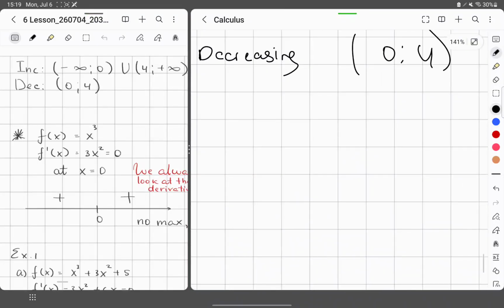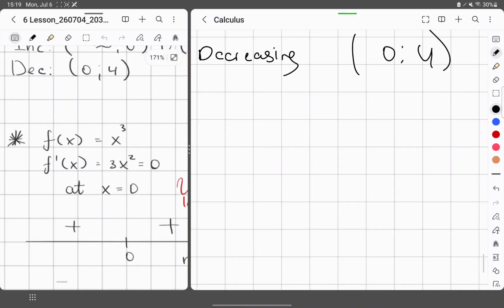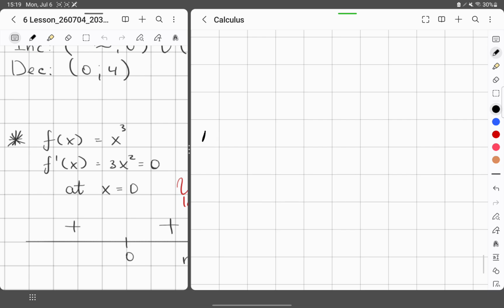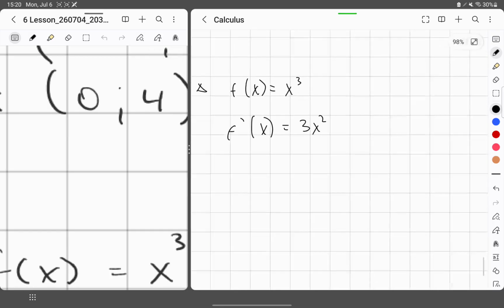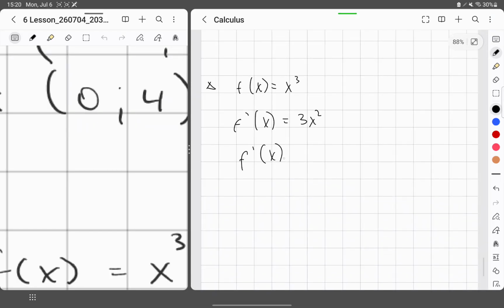What about another example? Okay, f of x equals x cubed. Let's find the derivative of this function. It will be 3x squared. Okay, and we need to make this 0 to find stationary points.